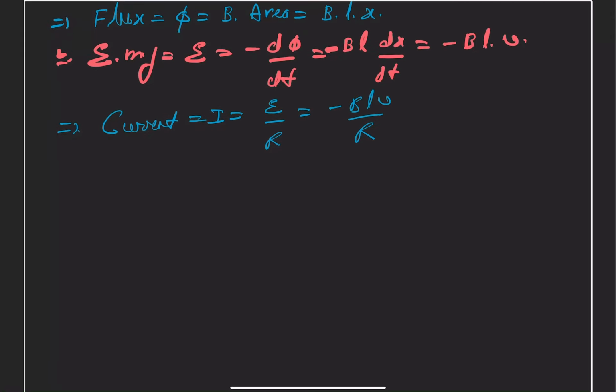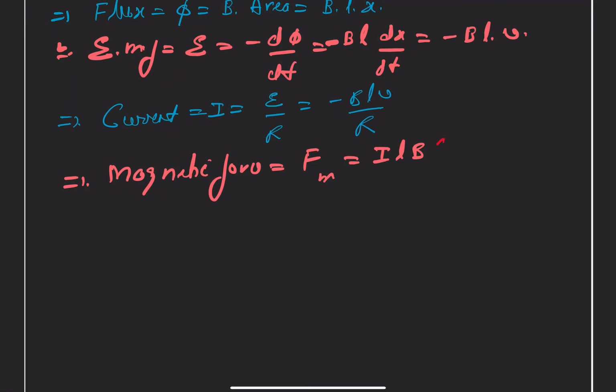Therefore, the magnetic force, which like we said will be acting as a damping, if we represent it as Fm, will be equal to ILB, and its direction will be opposite to the velocity v.